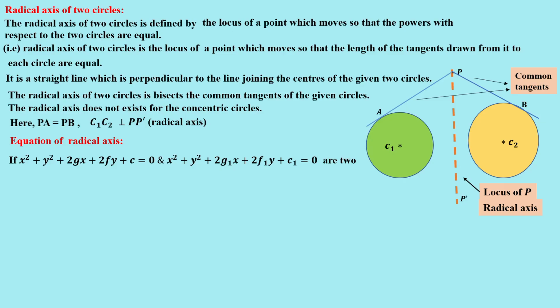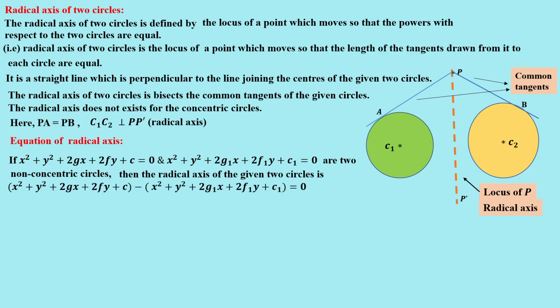So the equation of the radical axis: if x square plus y square plus 2gx plus 2fy plus c equal to 0, and x square plus y square plus 2g1x plus 2f1y plus c1 equal to 0 are two non-concentric circles, then the radical axis of the given two circles is x square plus y square plus 2gx plus 2fy plus c minus (x square plus y square plus 2g1x plus 2f1y plus c1) equal to 0. First circle minus second circle equal to 0, right?